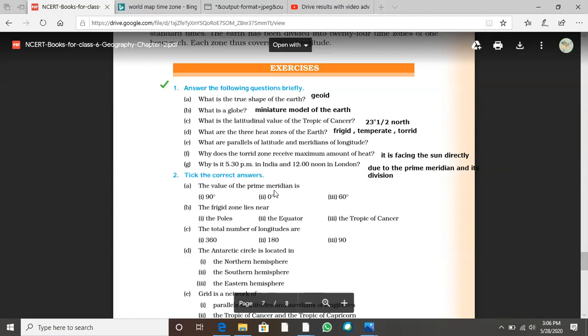The value of the prime meridian is 0 degree. That's why we say it as a prime meridian. Then the frigid zone lies near the poles. The total number of longitudes and latitudes: we have 180 longitudes and 180 latitudes.